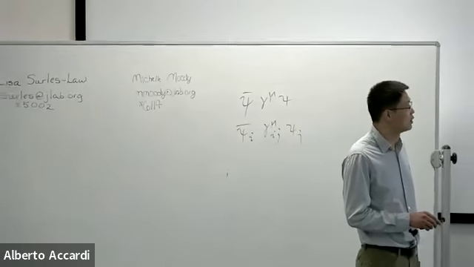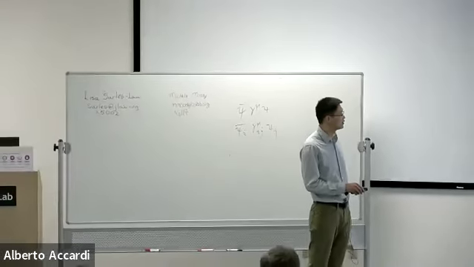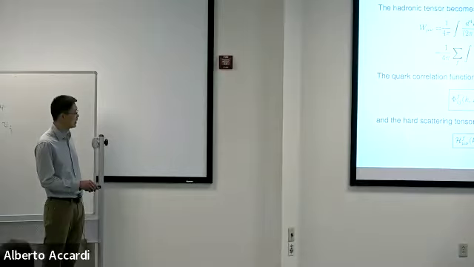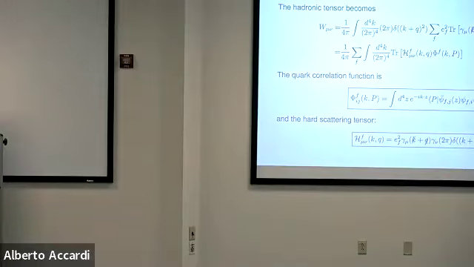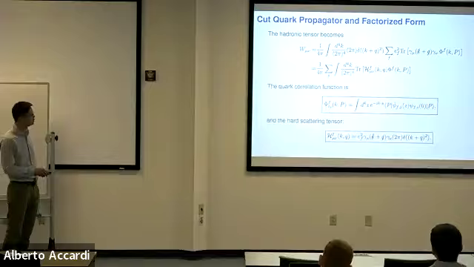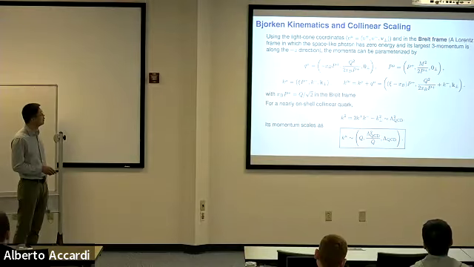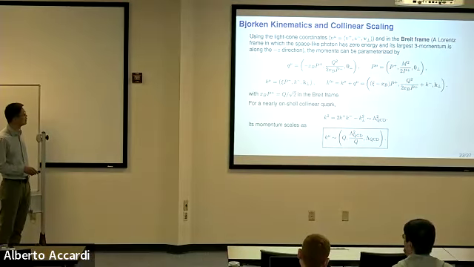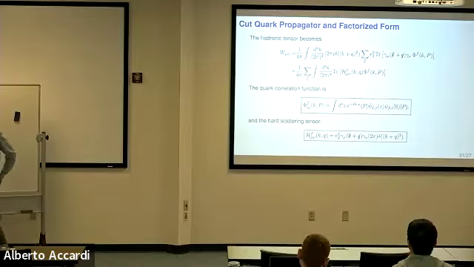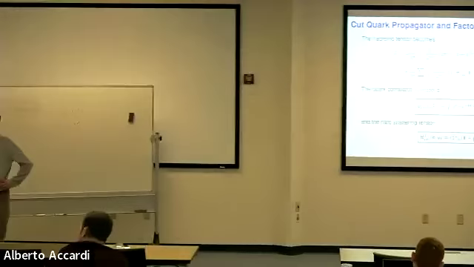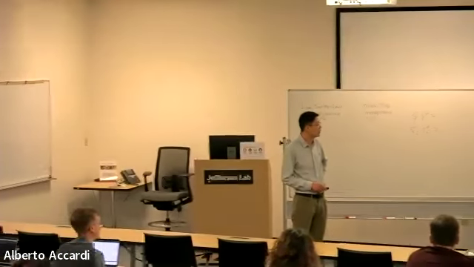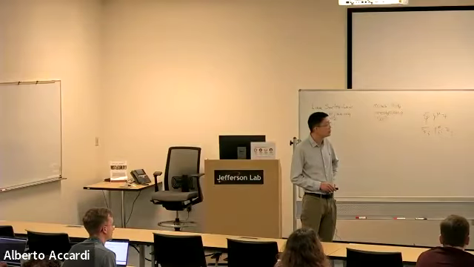So we have this form. This part phi is dependent on the proton wave function, and you have this H, which is just some matrix element in spinor space. So is this correlation function being defined here, or is this coming from somewhere else? This one is defined by this group of terms in the hadronic tensor.